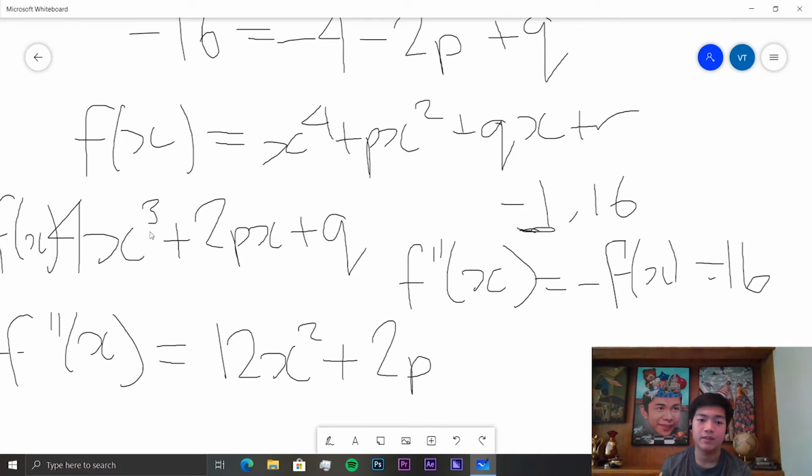And the second derivative is equal to 12x squared plus 2p, and that's equal to 16. So 12x squared plus 2p equals 16. So 12 times, well, I don't think the mark seems correct, honestly.